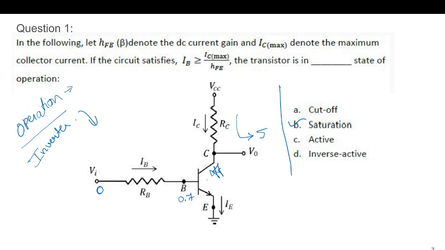When it reached 0.7, it started conducting slowly, and we were in the active region, and the output started dropping till 0.2 volt. So this was the inverter BJT. Now they have given IB is less than or equal to IC upon HFE, so this is in the saturation region.